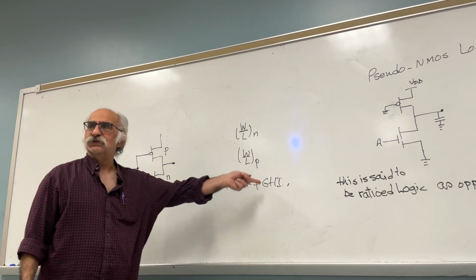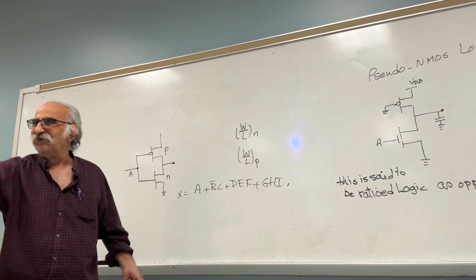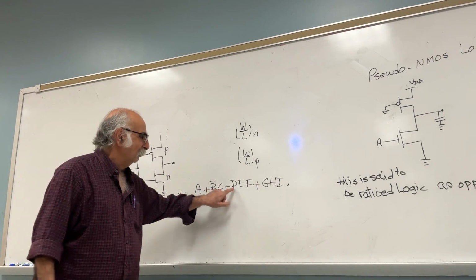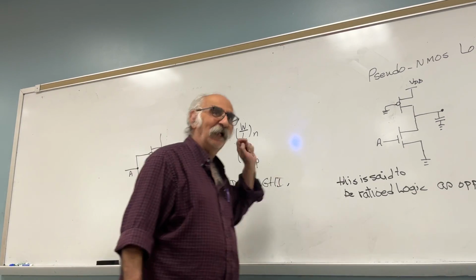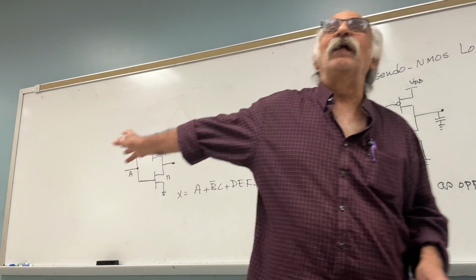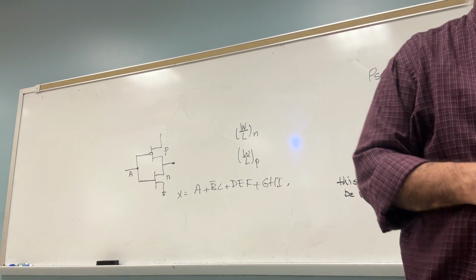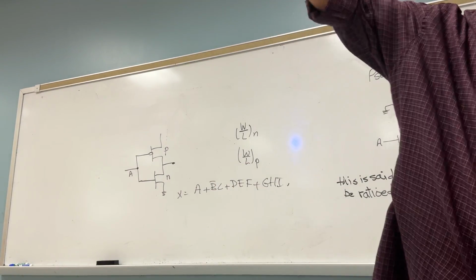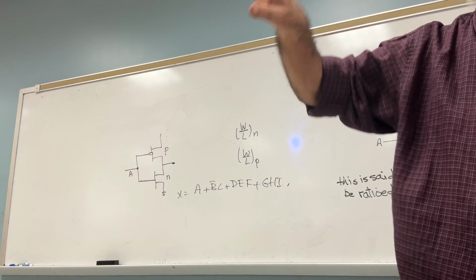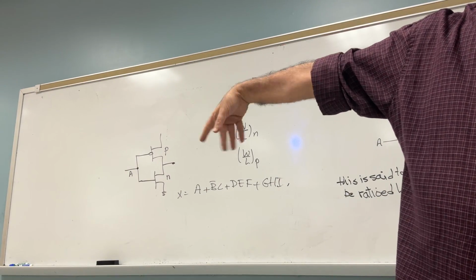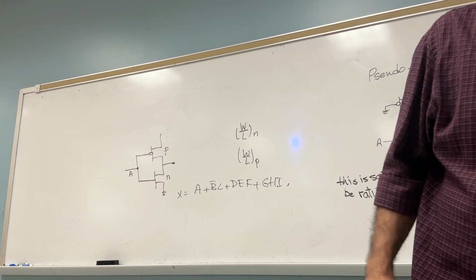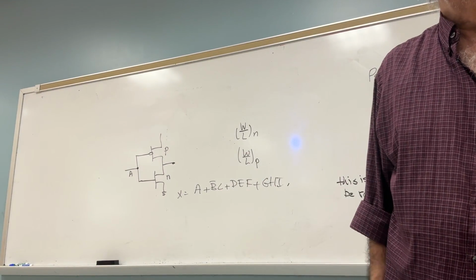How many inputs? A lot. 1, 2, 3, 4, 5, 6, 7, 8, 9. If I want to implement it in a static logic, how many transistors do I need? Forget about inverters. Let's assume all of them are non-inverted.